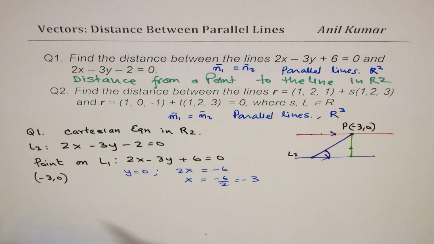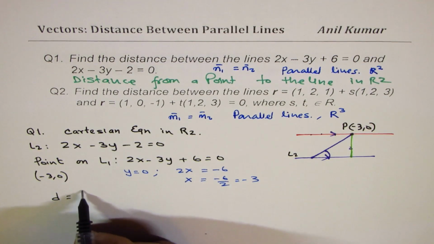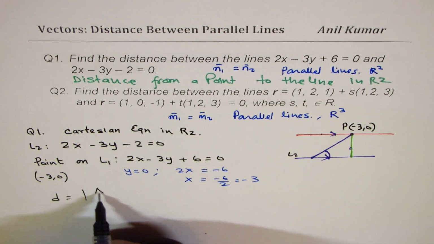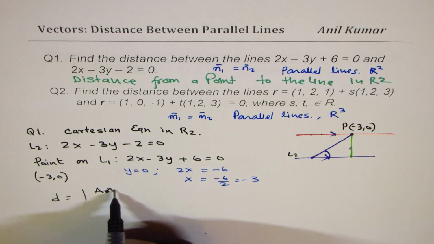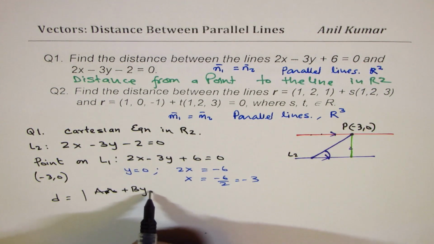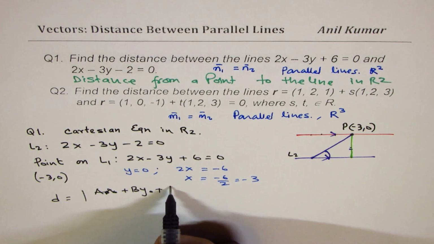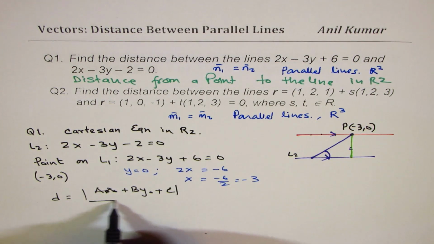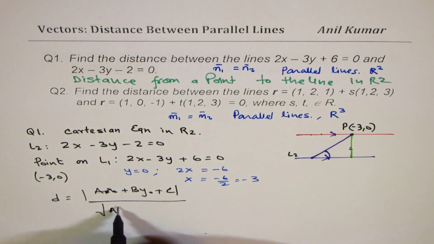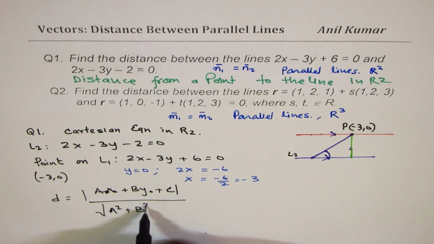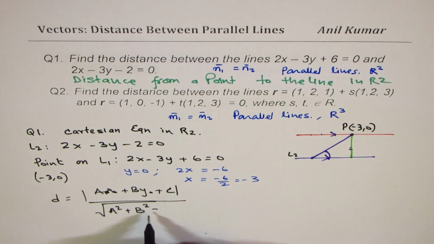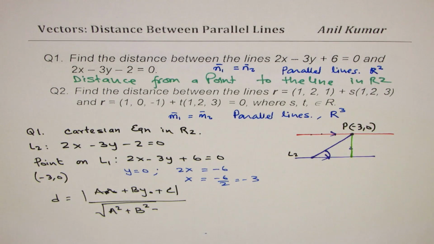I hope that makes sense. And the formula, as you remember, is magnitude of Ax0 plus By0 plus C divided by square root of A square plus B square. We are working in R2.